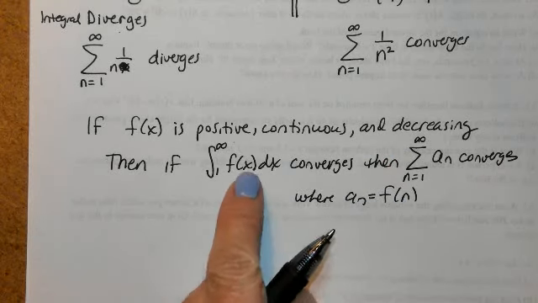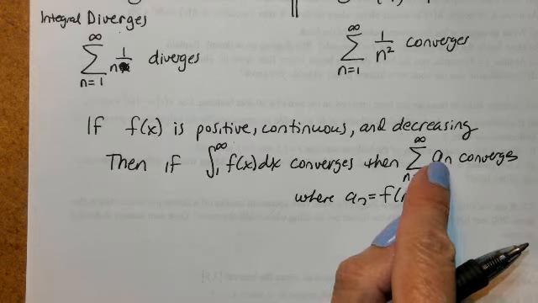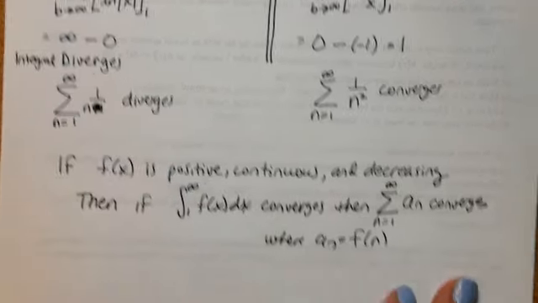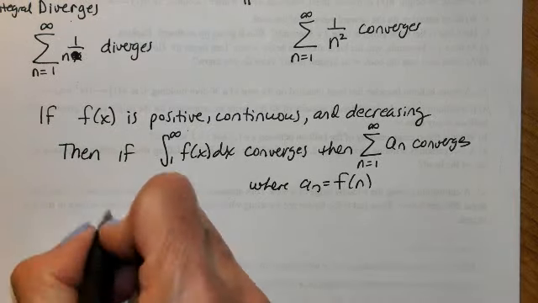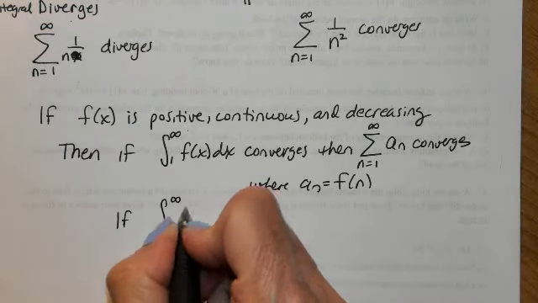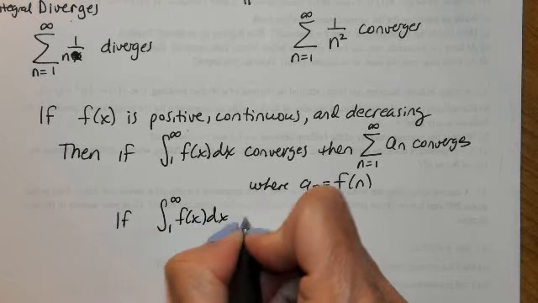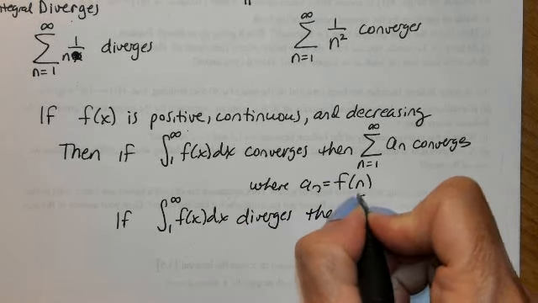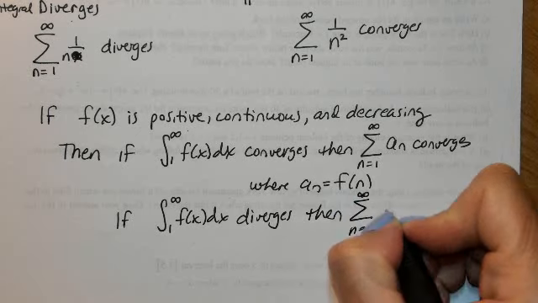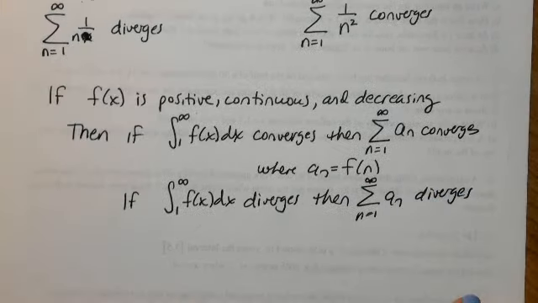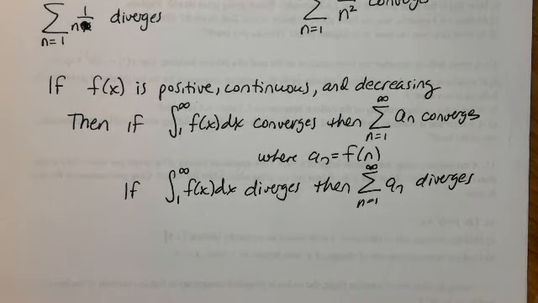So if you replace the x with an n, then it's the same. So replace the x with an n and you get the series. Okay? If the integral from 1 to infinity of f of x dx diverges, then the series diverges. So either both converge or both diverge.